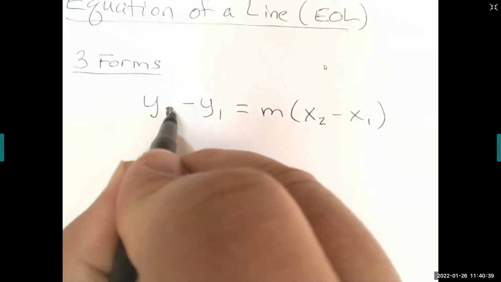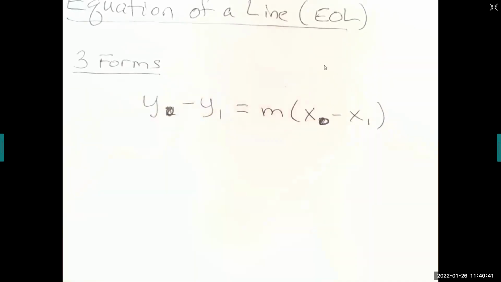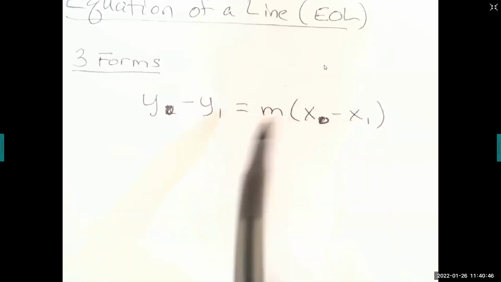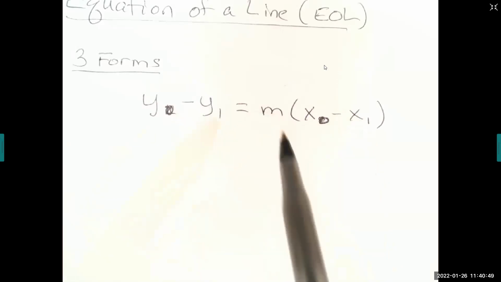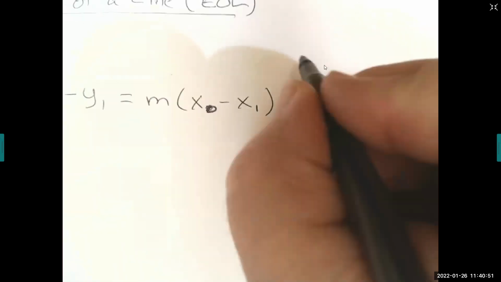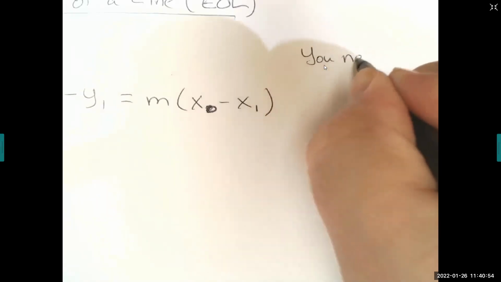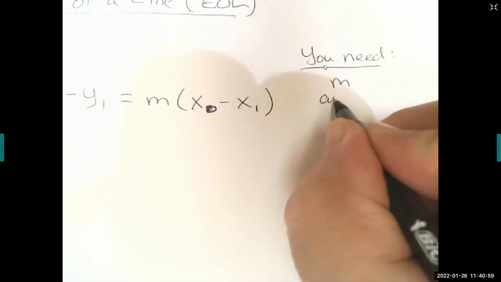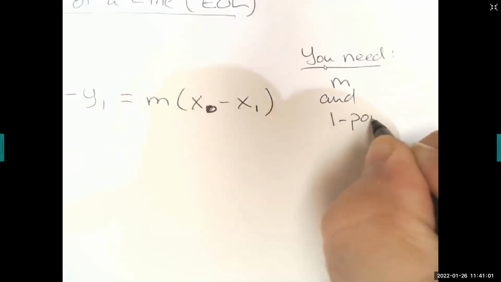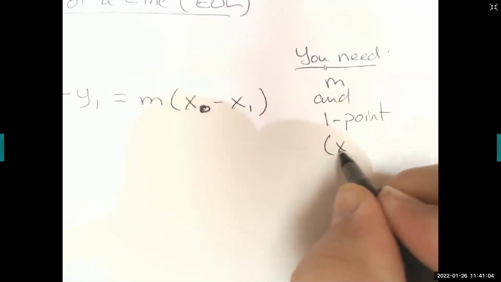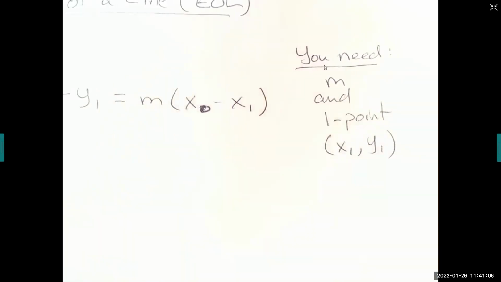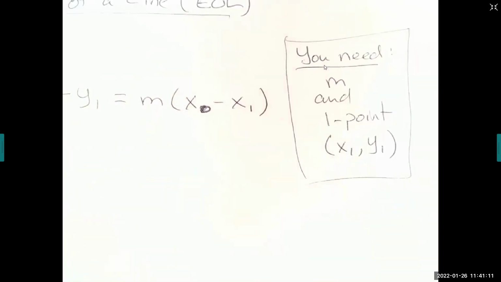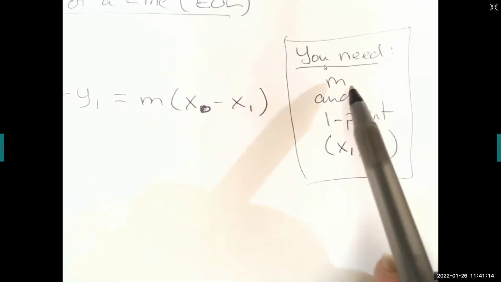Since we want an equation, we can't use two points. So we pick one of the points, x1, y1, and the slope. So to find the equation of a line, the minimum you need is a slope and a point.